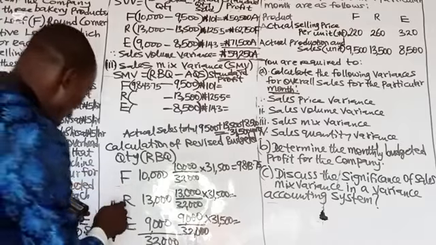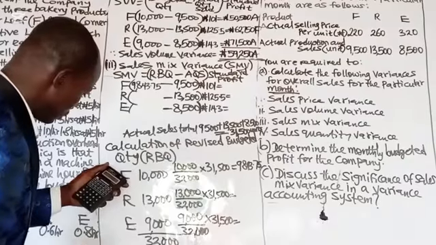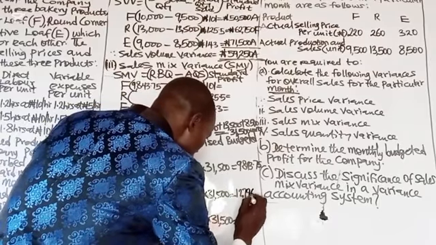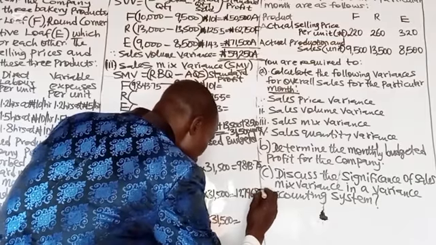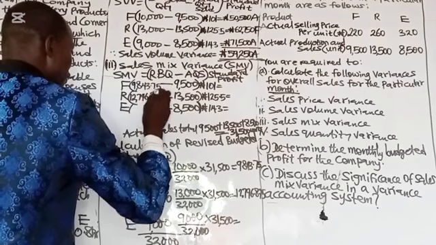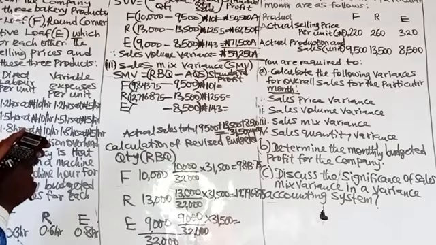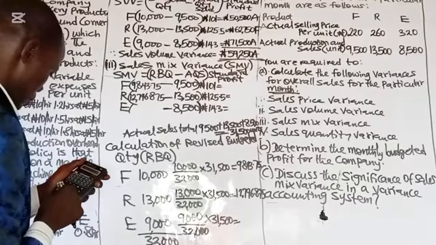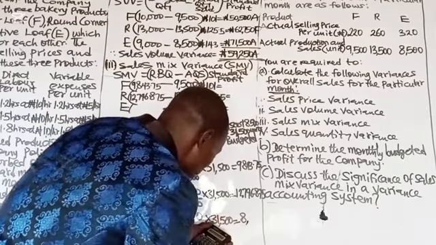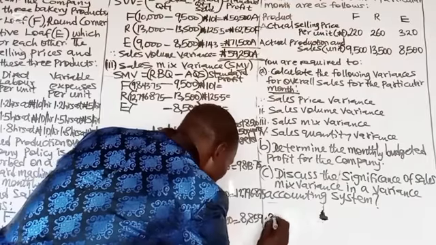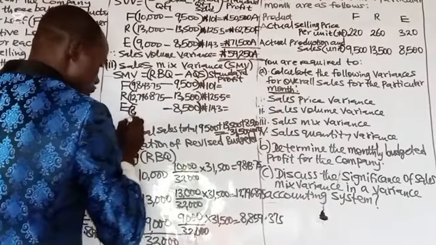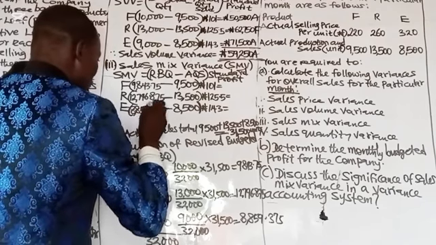For R, we have 12,796.875. For E, it will be 8,859.375.